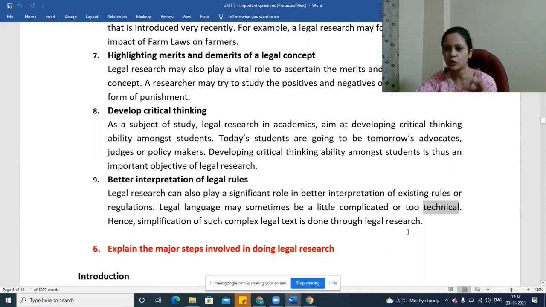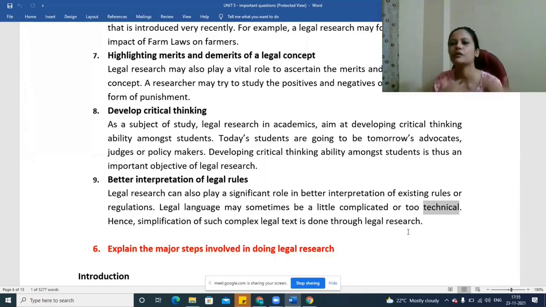If a new law is introduced, a layman may not be able to understand it properly. There, legal research can help them. A person may study the entire legislation and provide a summary in very basic layman language, so that anyone who wants can understand it. Like when these farm bills were introduced, definitely all of us did not download the entire bill and go through the provisions.